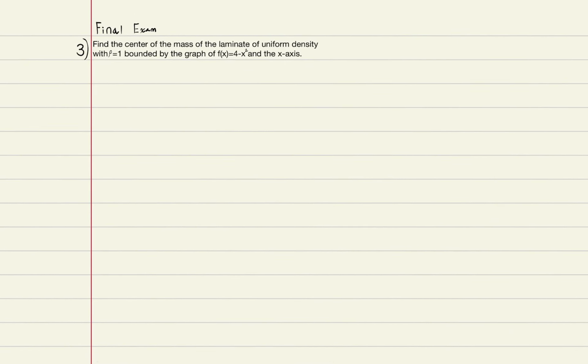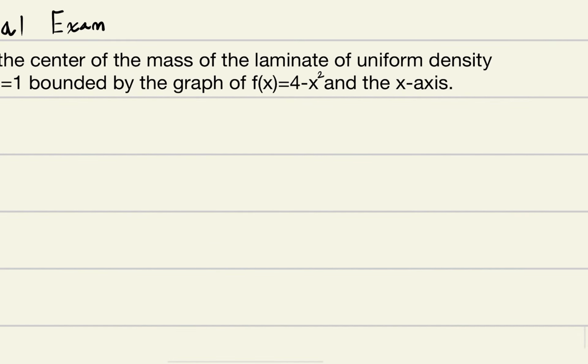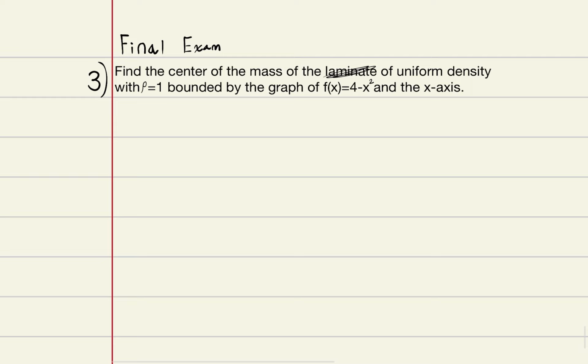Next, we'll do question 3. Question 3 asks us to find the center of mass of the, that's supposed to be lamina, of uniform density with rho equals 1, bounded by the graph of f of x equals 4 minus x squared and the x-axis.